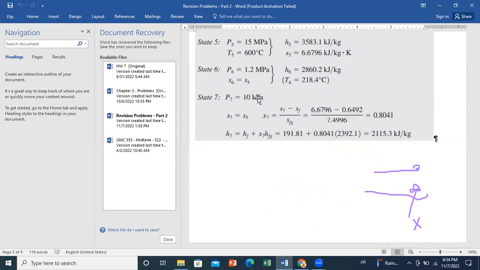However, for point 7, as we mentioned, you should find the fraction of vapor, which is between 0 and 1. But as usual, it will be closer to 1.